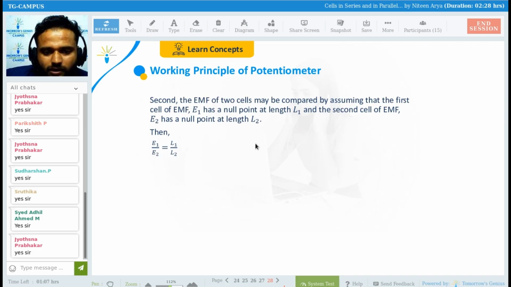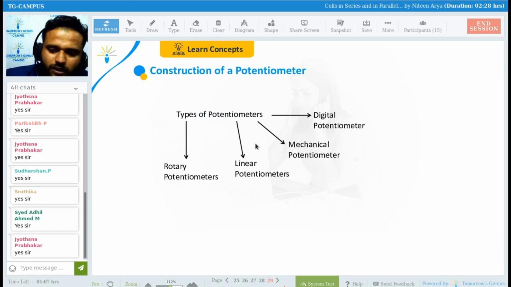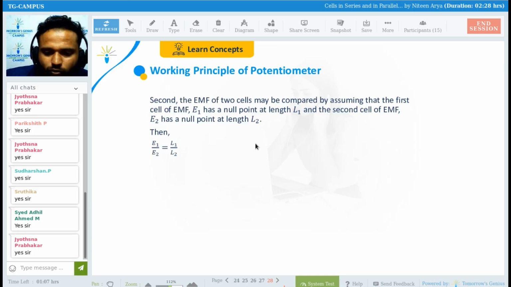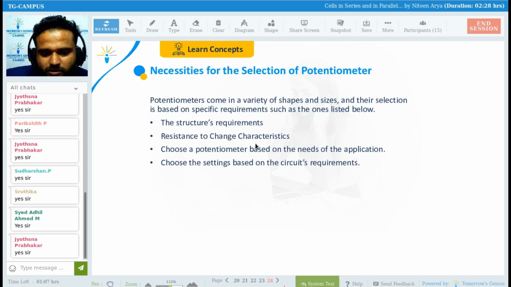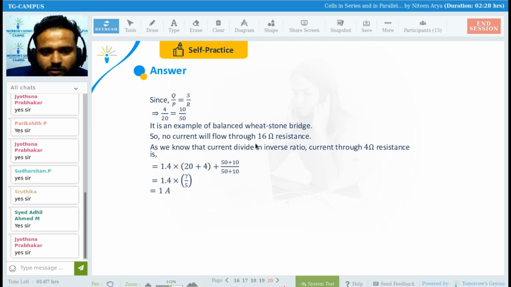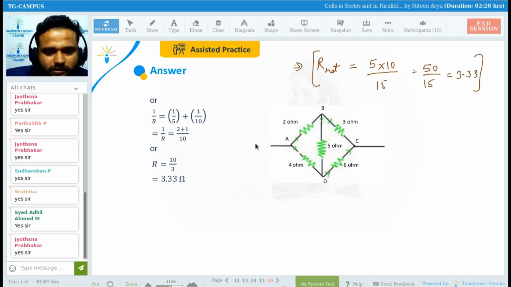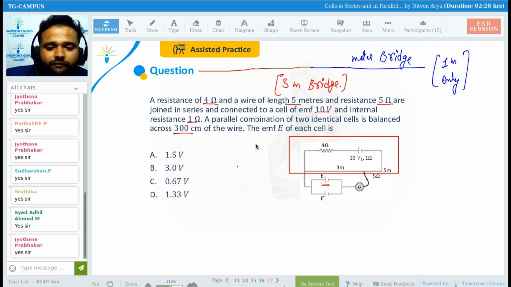I have this here in the slide. The SME gives me the answer directly. If you're finding this, it's okay. If you don't, we can switch to the next question. We can come back to this after understanding the concept of potentiometer.